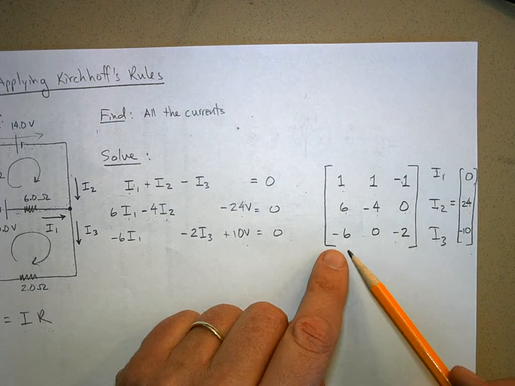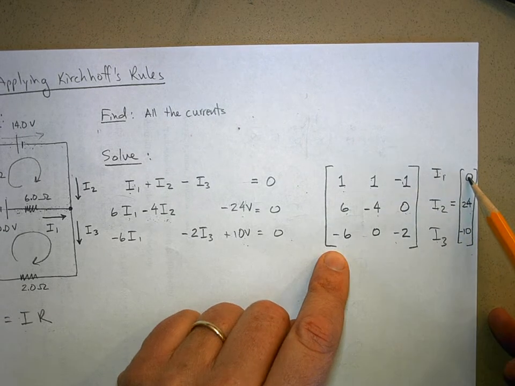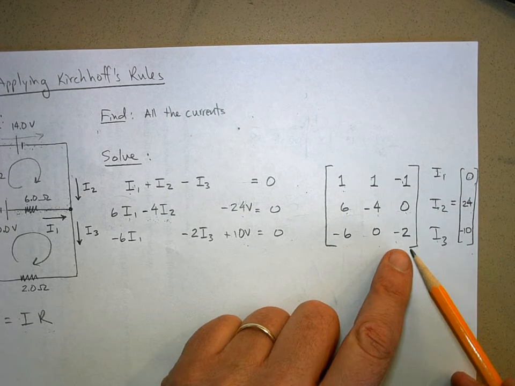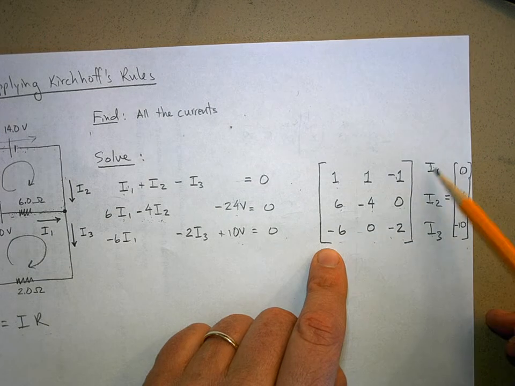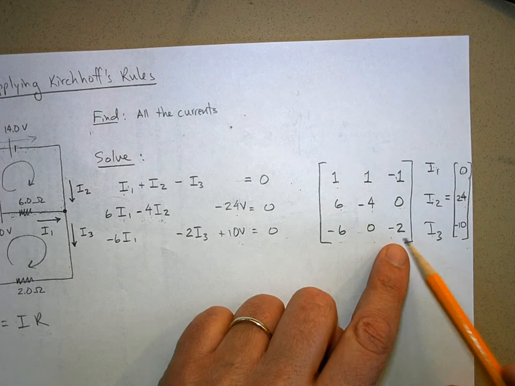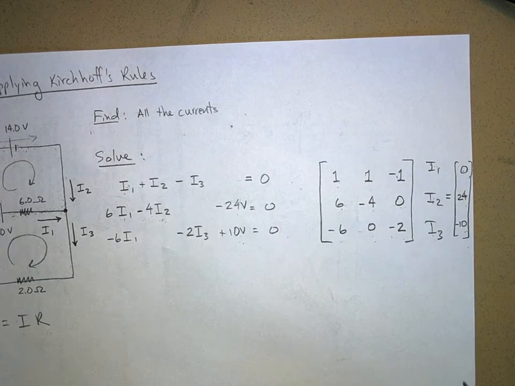And then the third row, this times this plus this times this plus this times this equals that. Okay. It's kind of cool.